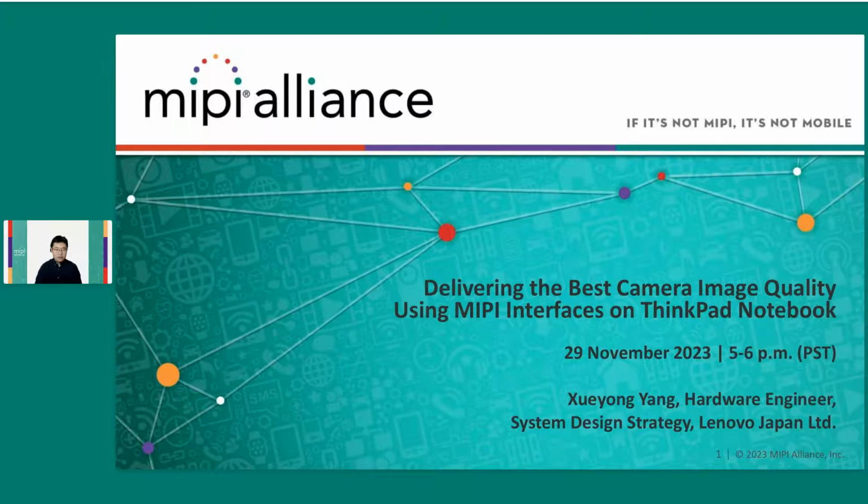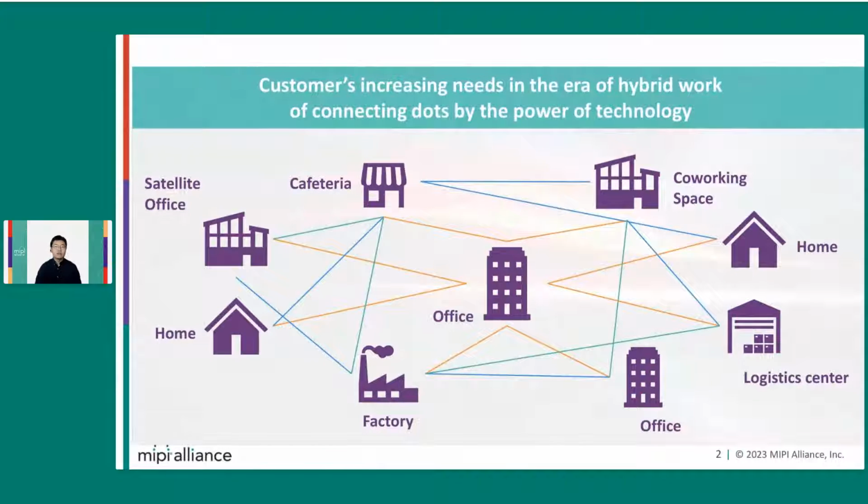So what's the background of this development? We saw our customers' increasing needs in the area of hybrid work, of connecting dots by the power of technology. Especially during COVID, everyone worked from home and started this kind of hybrid work.